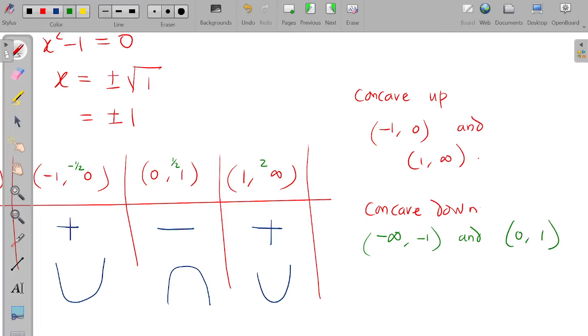Okay, that is concave up, concave down. All right, now those are the intervals.